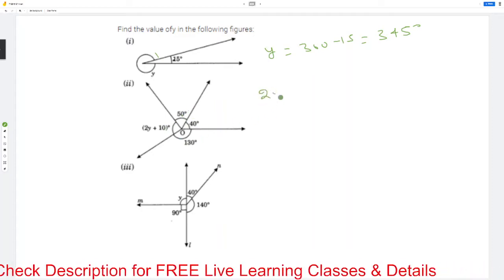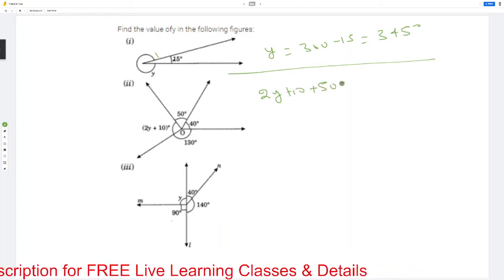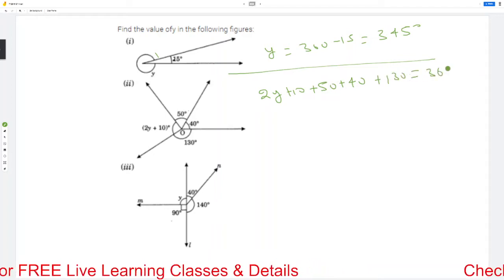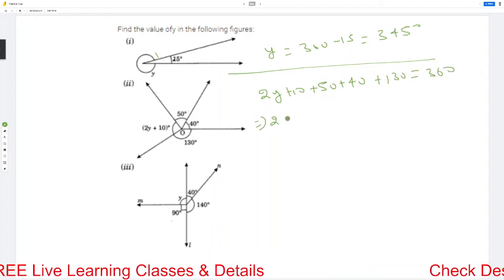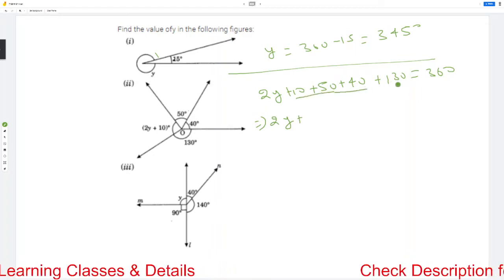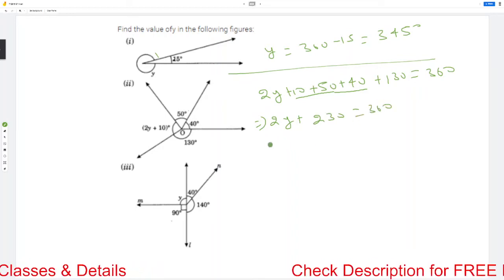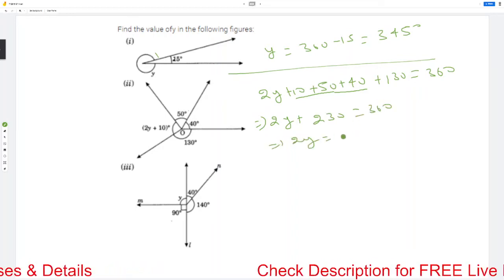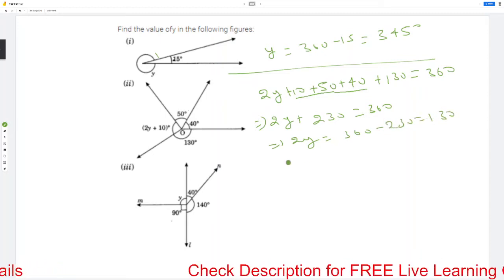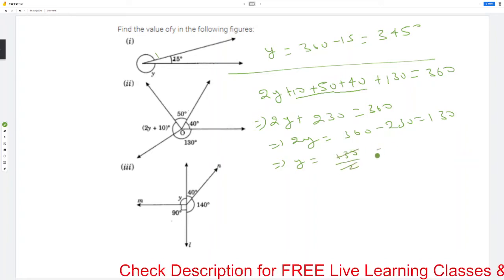So 2y plus 10 plus 50 plus 40 plus 130 equals 360, which is 2y plus 230 equals 360. So 2y equals 360 minus 230, which equals 130, or y equals 130 upon 2, which equals 65 degrees.